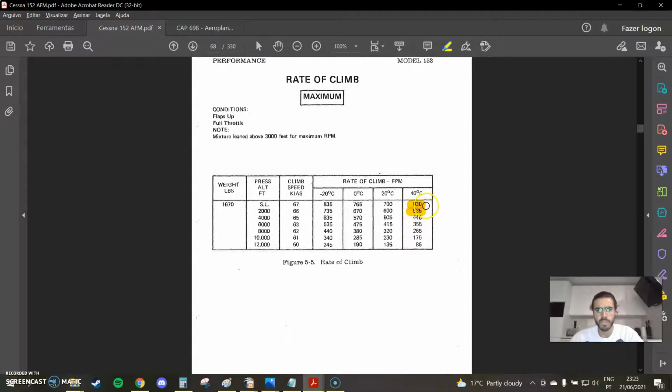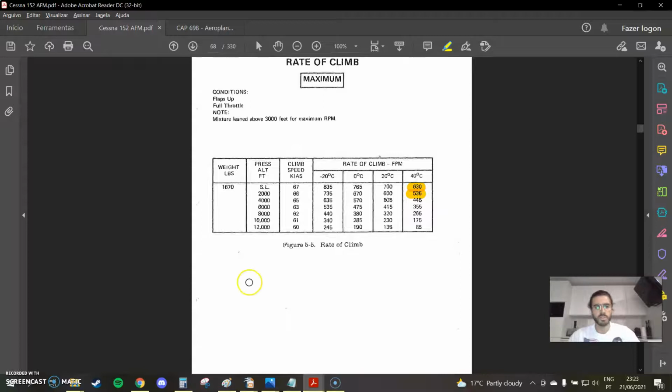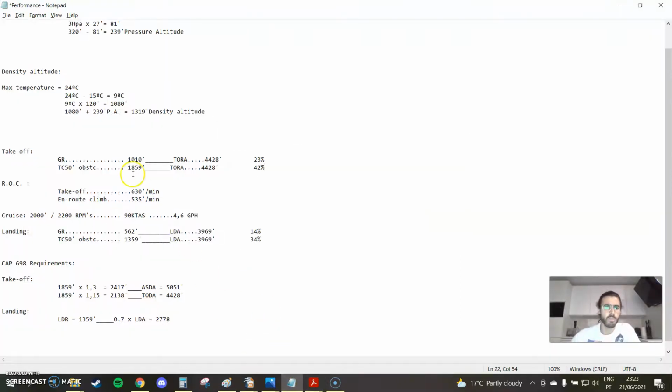So 630 during takeoff and 535 during en route climb. All right. So before passing to cruise, still talking about takeoff, I wanted to go backwards a little bit and talk to you about density altitude. You are not obliged to do this, okay? It's not mandatory, but I like to do it.